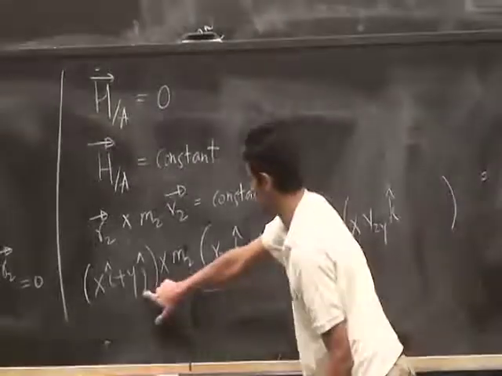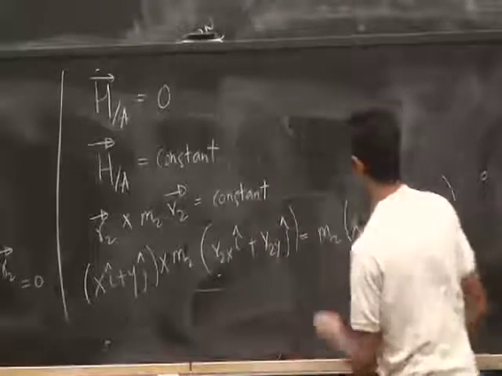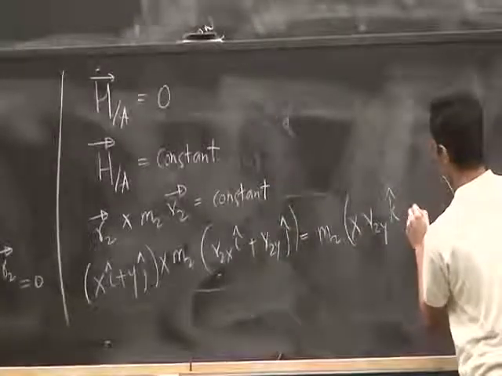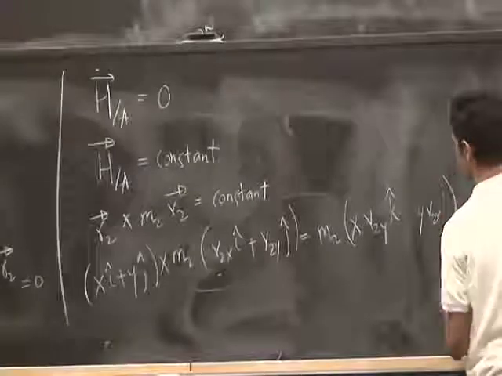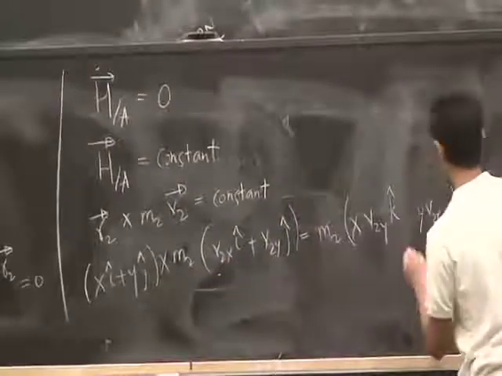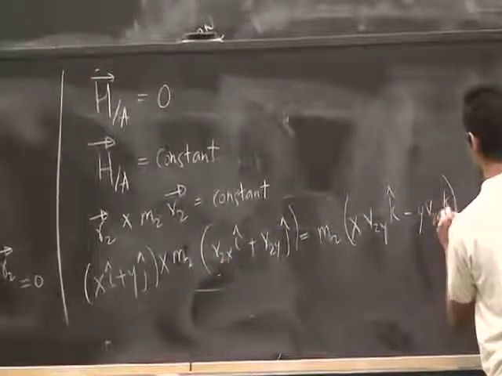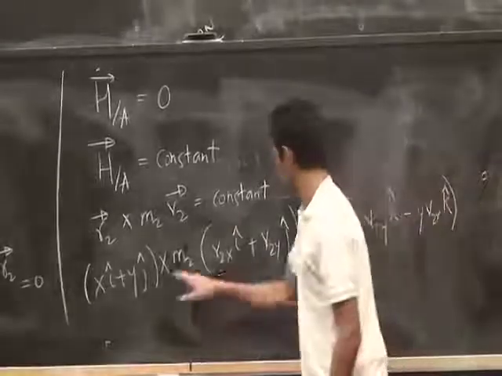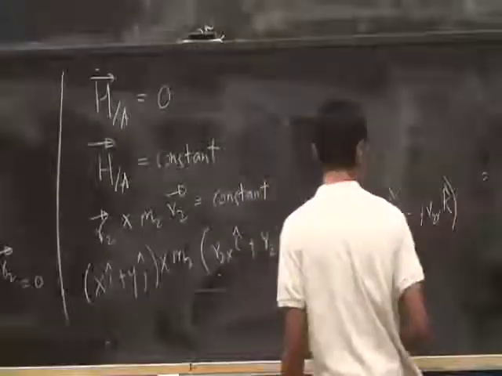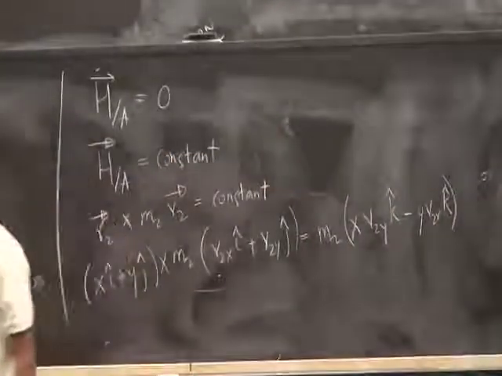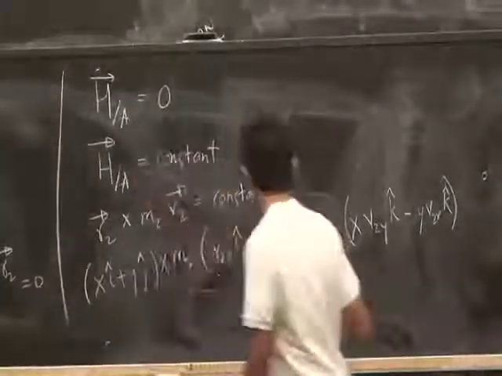Then y times V2x, j cross i is minus k, so this is going to be minus k. And j cross j is 0.